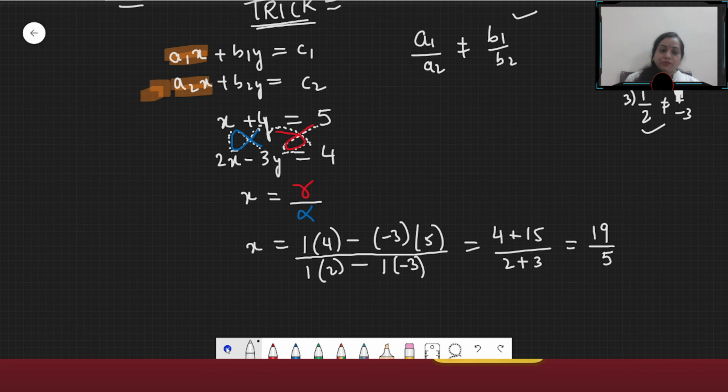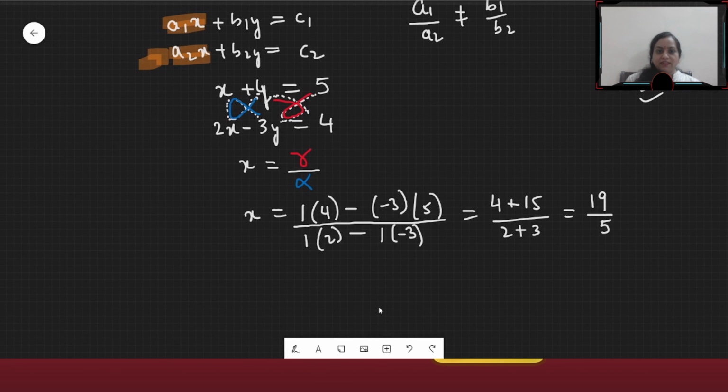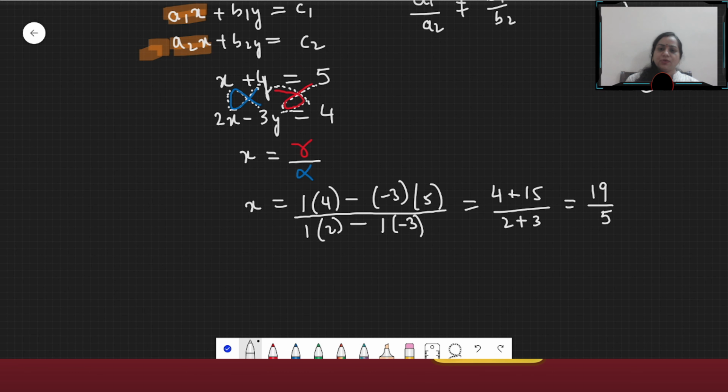Now, once you have got the value of x, to get the value of y, you just have to substitute this value of x in any of the equations. Either you substitute here or here. If I substitute in this equation, it is very easy because x doesn't have a coefficient there, so my calculations will be less. So let me substitute the value of x in this equation.